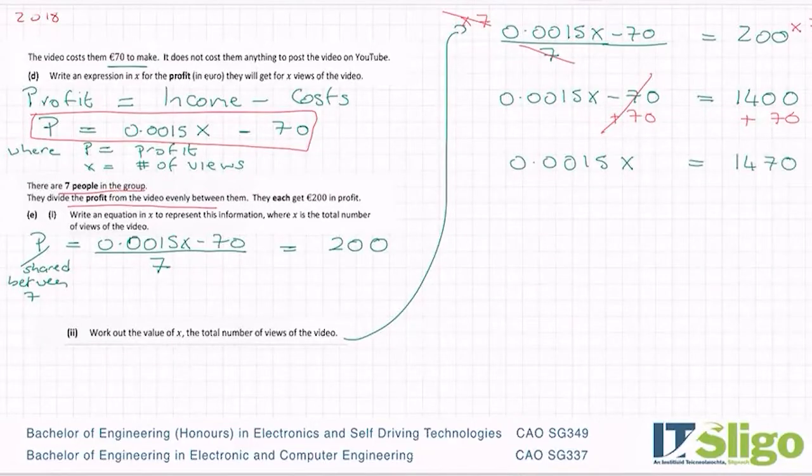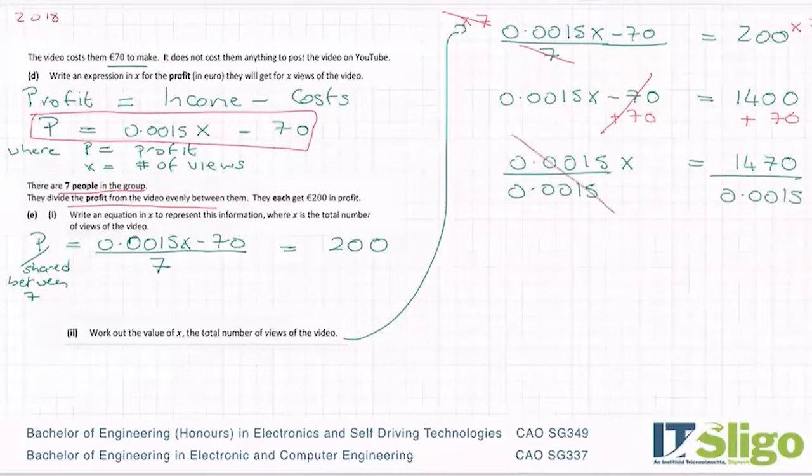Okay, and then just like you would any other number, you divide by the number in front of x. And you get x being equal to 1470 divided by 0.0015. So I've got 980,000. Okay, so quite a lot of views, as you can see.